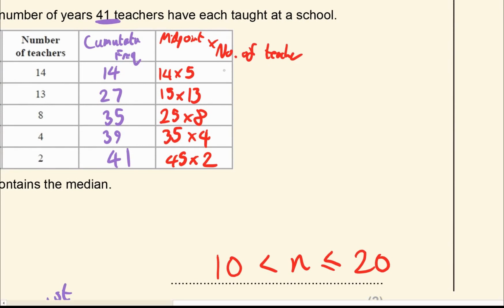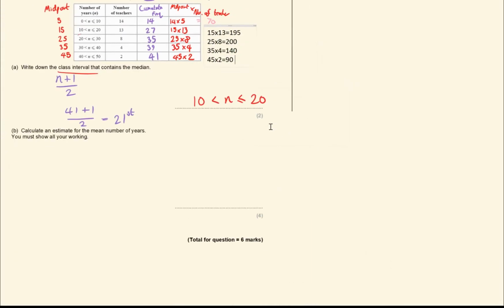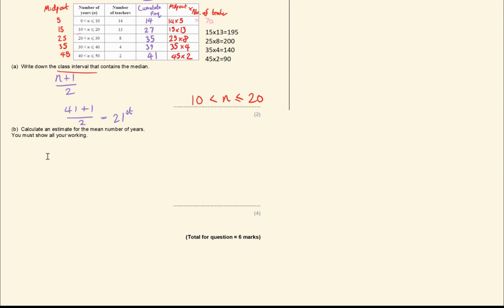Let's work these out. So 14 times 5 is 70. Then we've got 15 times 13 is 195. 25 times 8 is 200. 35 times 4 is 140. And 45 times 2 is 90. Okay. So again, to work out the mean, we want the total, and we then want to divide that by how many teachers.